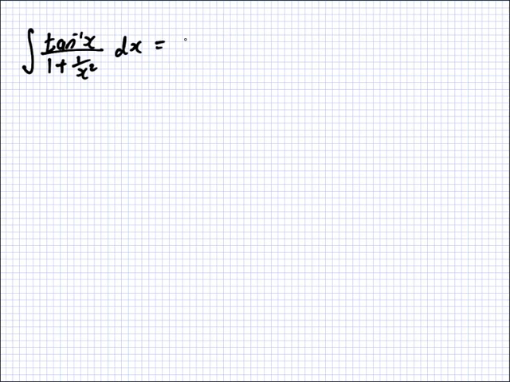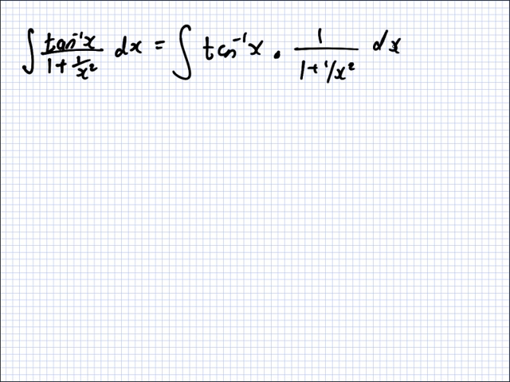So I think the first thing we want to do is split it like this: tan inverse x times 1 over 1 plus 1 over x squared dx. Also, I think it would be a little bit nicer if we multiply the top and bottom here by x squared, just to make it one fraction instead of two fractions.